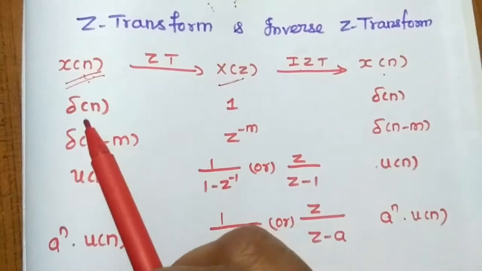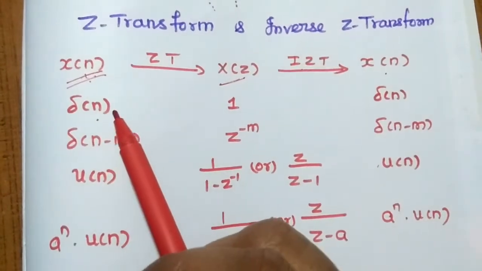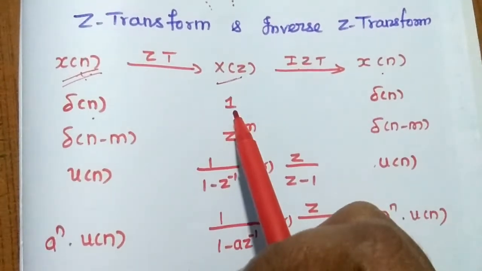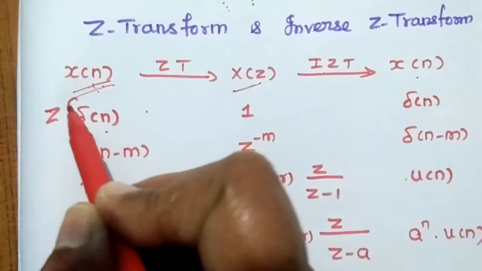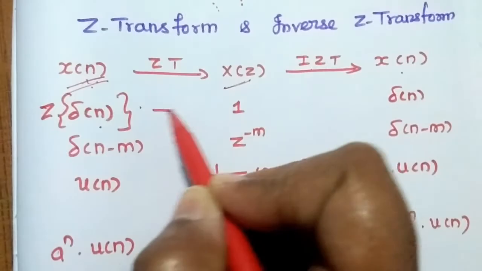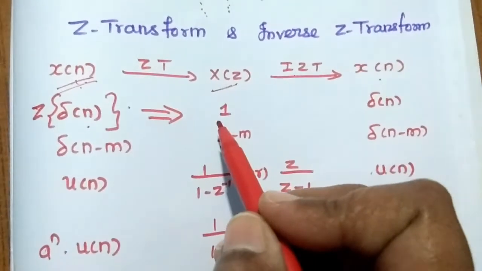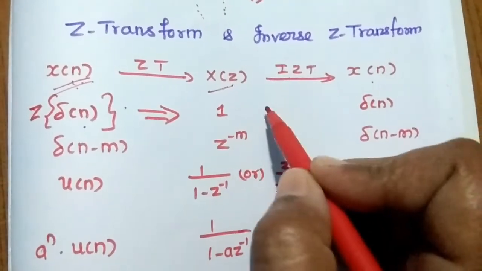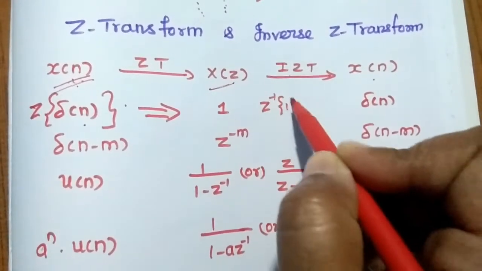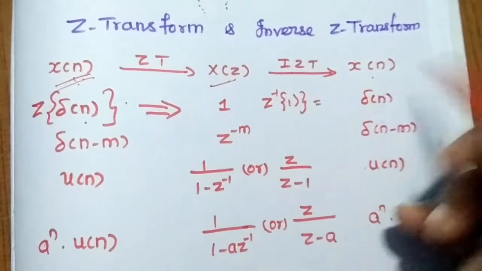So if x of n is equal to del of n, its Z transform value is 1. That is, Z transform of del of n is equal to 1. If I take the inverse Z transform of 1, it is nothing but del of n.